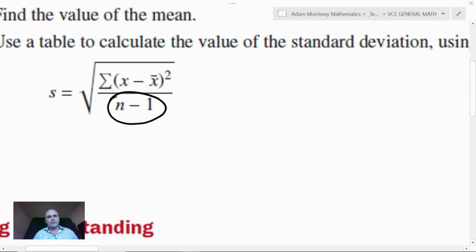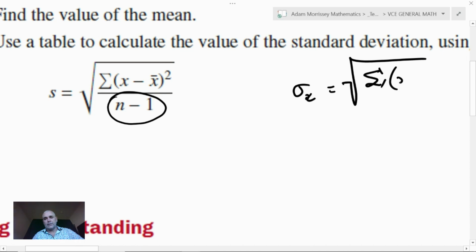Instead of being n minus 1, if we want the standard deviation of the population, everything is the same except it looks like this, divided by n, because we've sampled everything in the population.